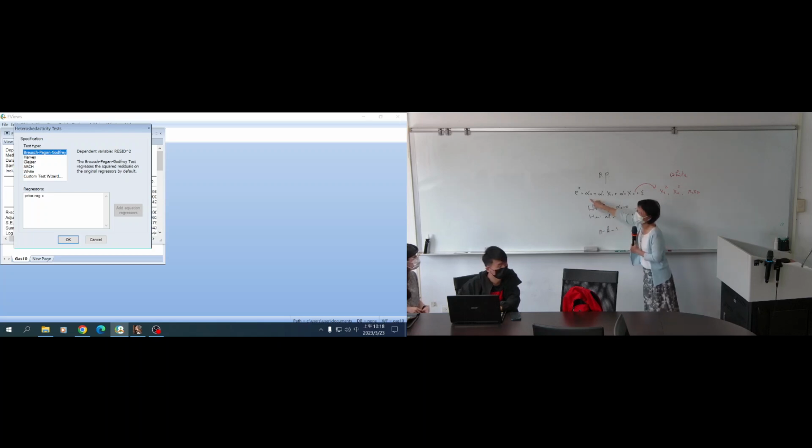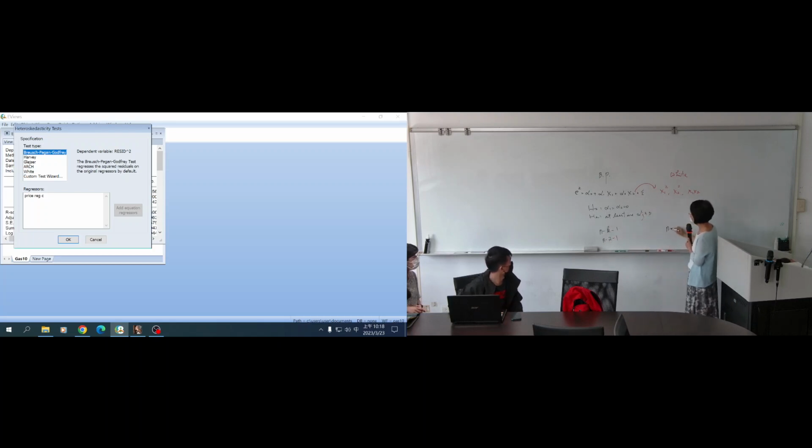Then how about this one? I have 5, not only these 2 but also these. So here it will be n minus 2 minus 1, but here is n minus 5 minus 1. The more we subtract from the sample size, the fewer degrees of freedom become.